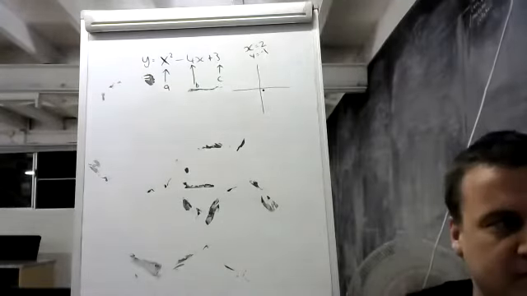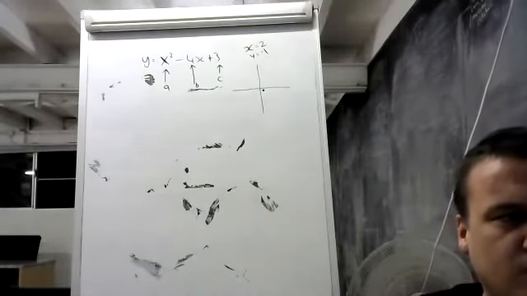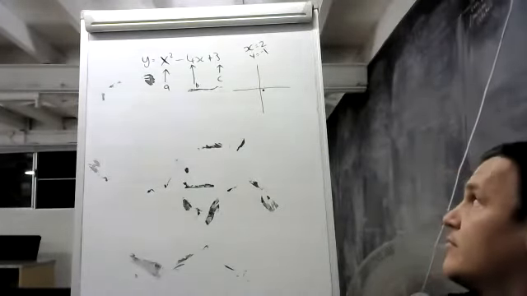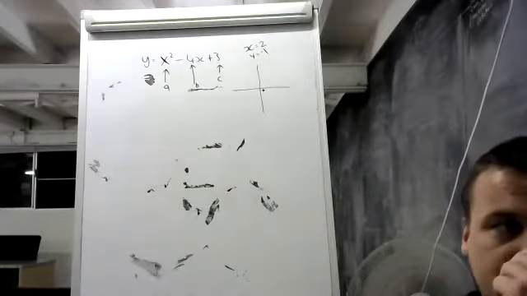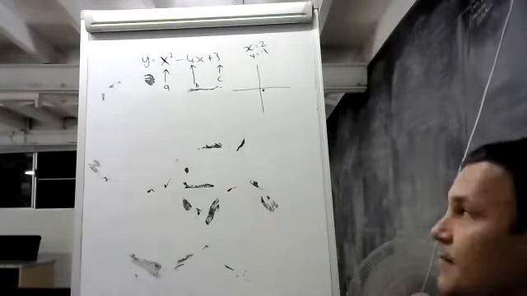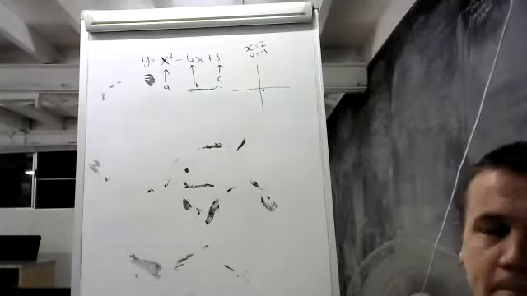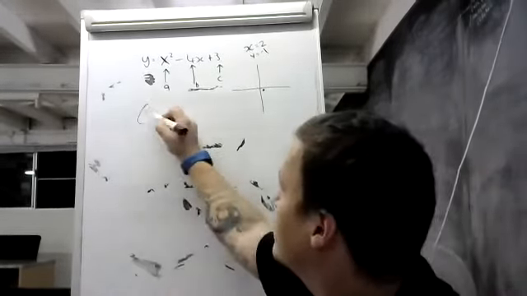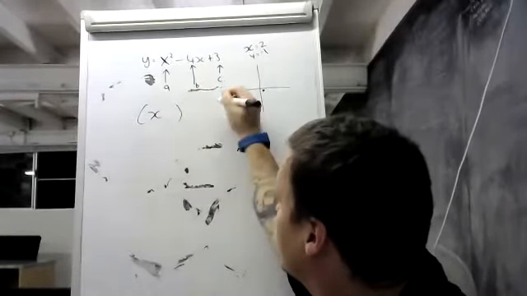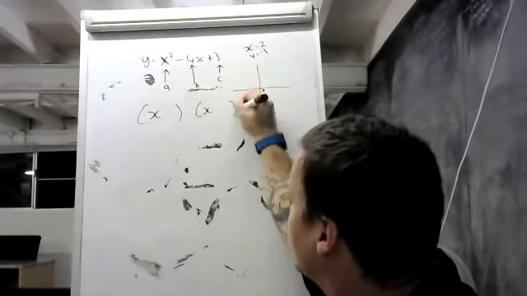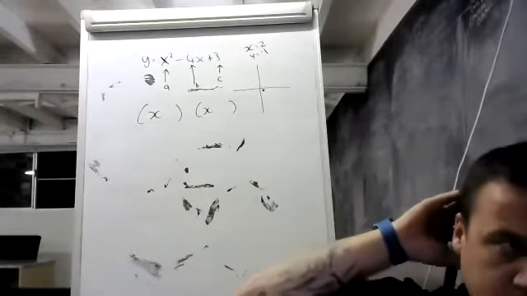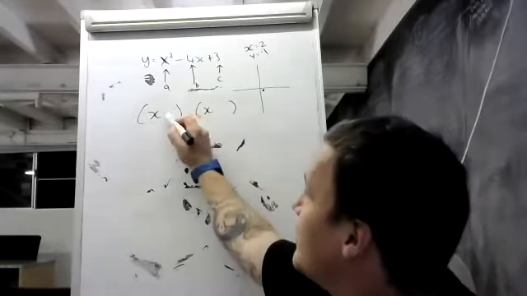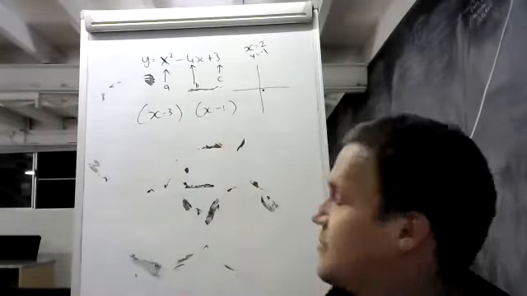Flynn, how would we factorize the original equation? No pressure. So it'd be x minus 3, x minus 1.